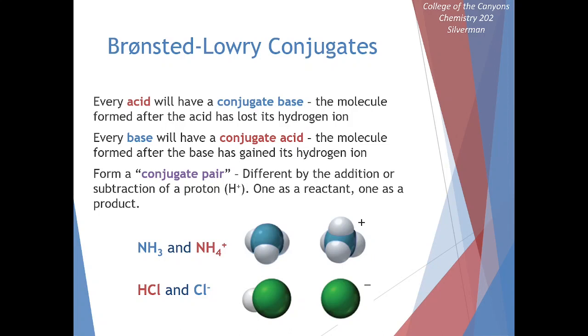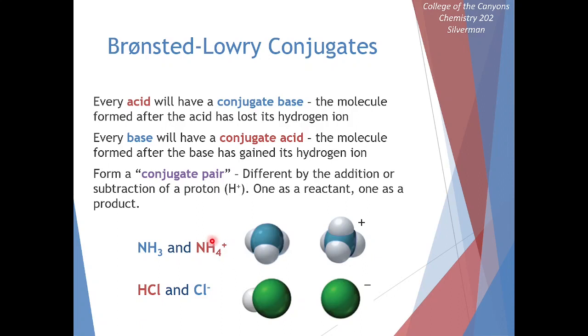Likewise, we can think about the product after our base accepts an H+. It will turn into the conjugate acid. We can call these a conjugate pair. A conjugate pair will be one reactant and one product. One will be an acid, one will be a base, one will be regular, and one will be the conjugate.